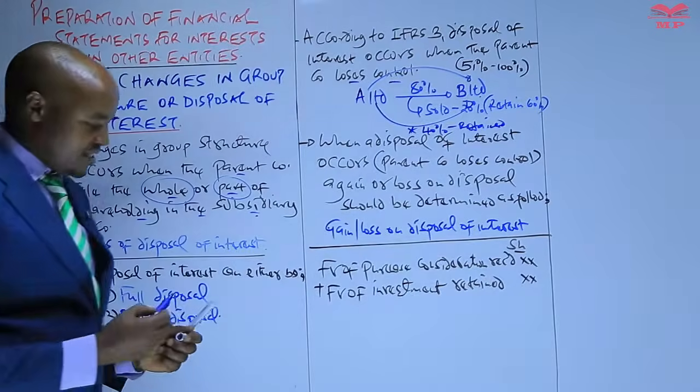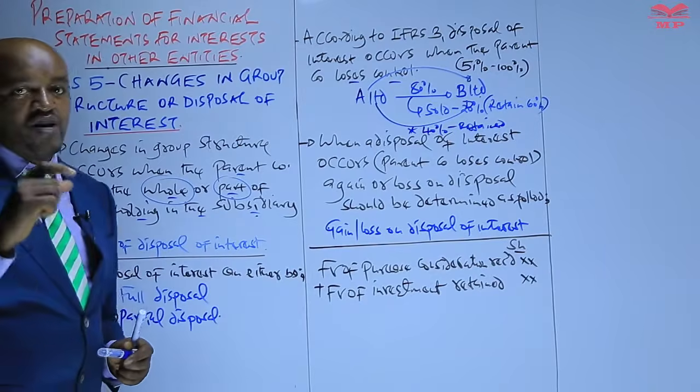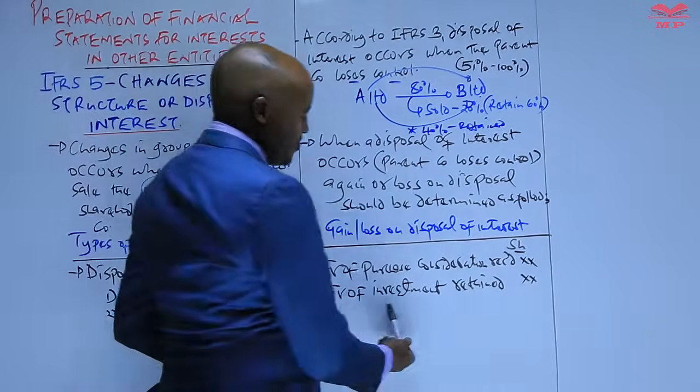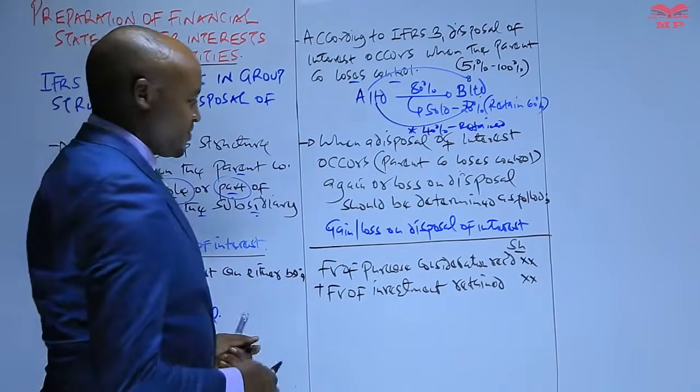At the date the disposal took place, the remaining investment will have to be revalued at its fair value, and always that figure will be provided to you. That's what we refer to as the fair value of the investment retained.